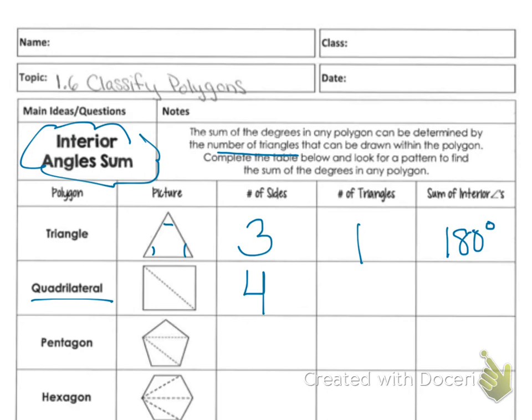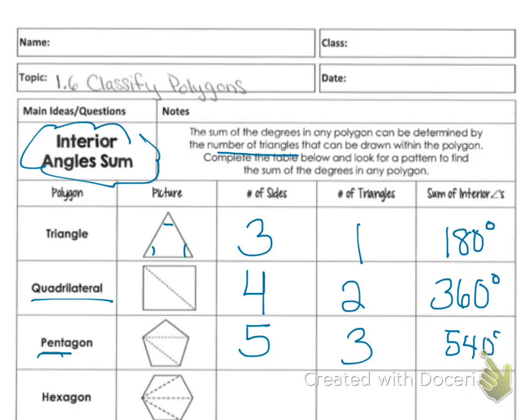I can split my quadrilateral into 2 triangles technically, so there would be 360 degrees inside. All right. My pentagon, penta means 5, so there are 5 sides. We could technically split this into 3, so there are 540 degrees inside. All right, I am more concerned about you guys remembering the number of sides and the name. All right, do not worry so much about this yet.